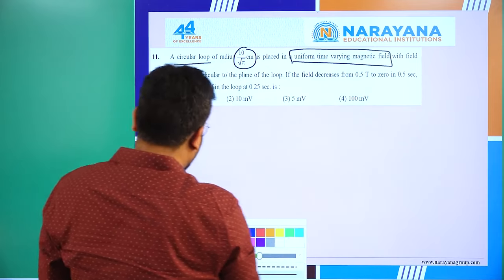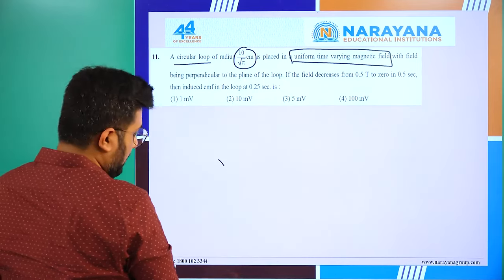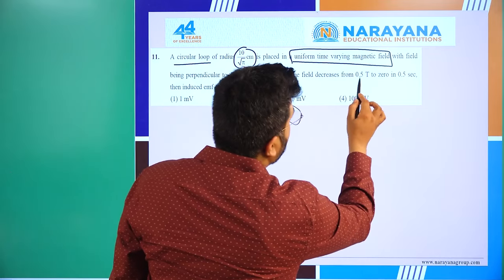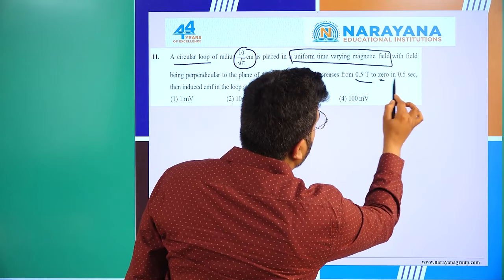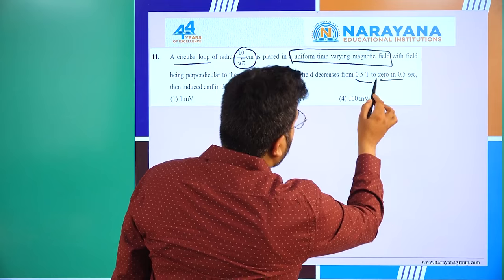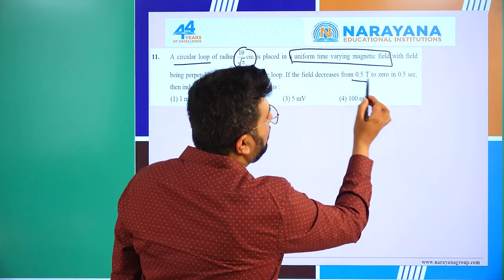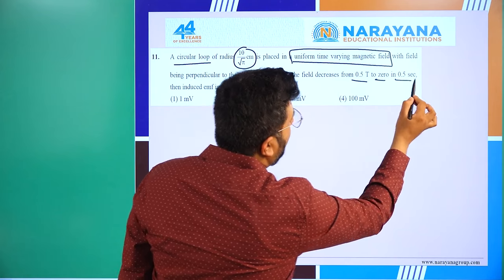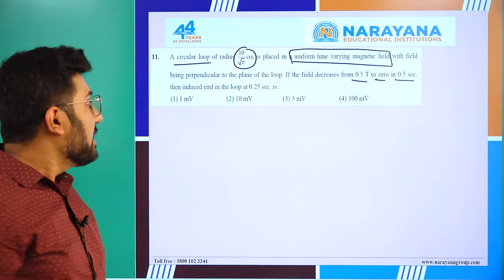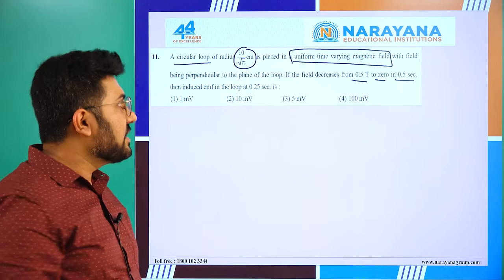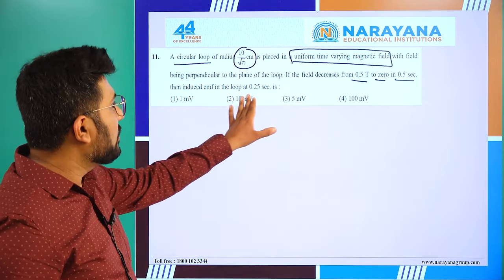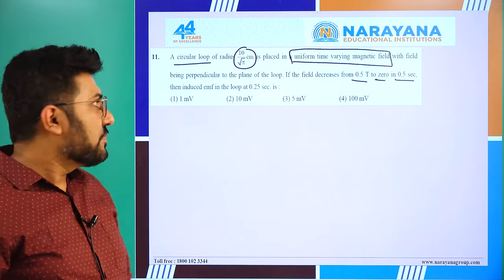Now if the field decreases from 0.5 Tesla to 0 in 0.5 second, then what is the EMF induced in this loop?